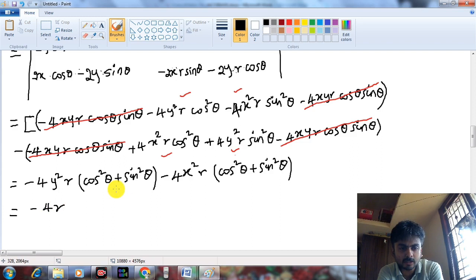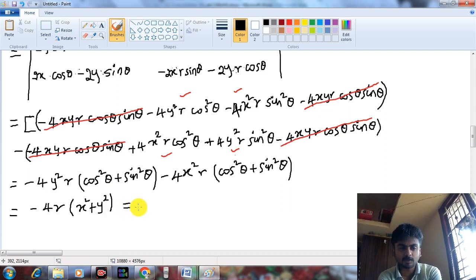So this is 1, so we have minus 4r of x square plus y square. We will have this, minus 4r of x square plus y square.